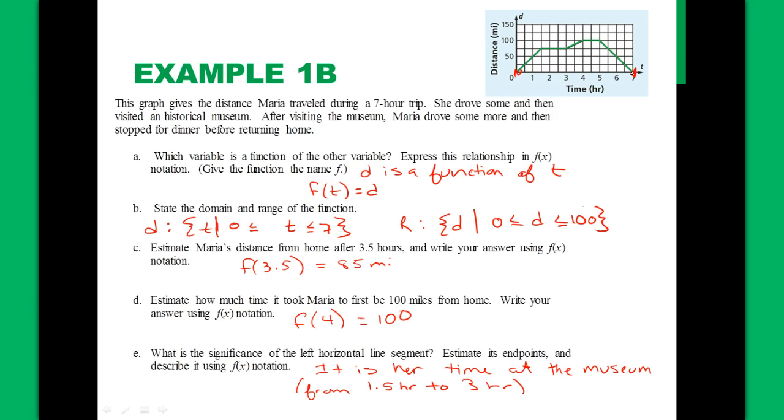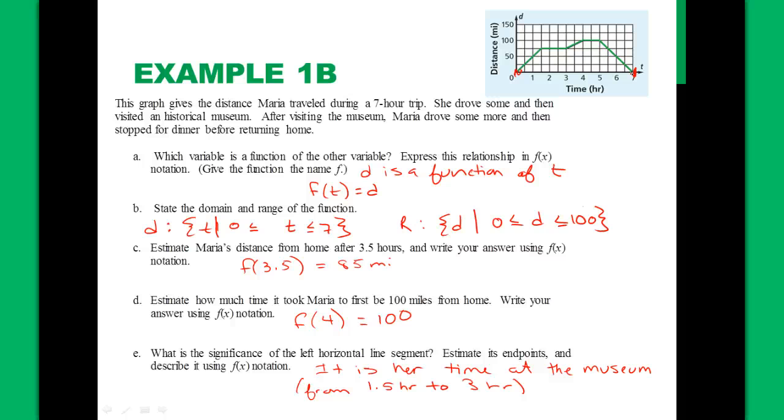Yes? I don't know why, but on letter B, why is it, on the domain, 0 is less than or equal to t? It can be anything in between 0 and t, right? Starting at 0, at time 0. It can be 0.5 minutes. It can be up to almost an hour.